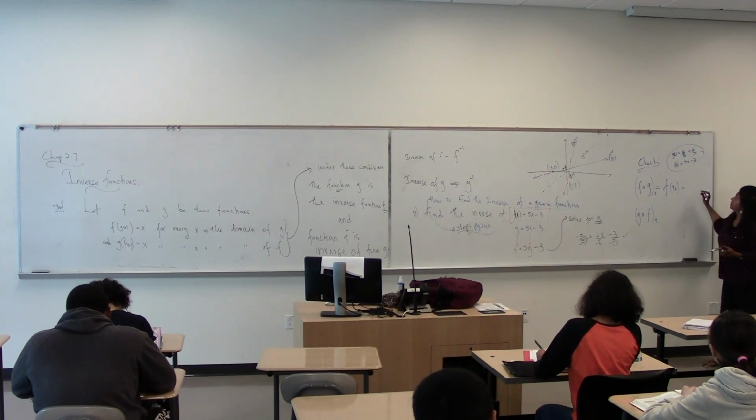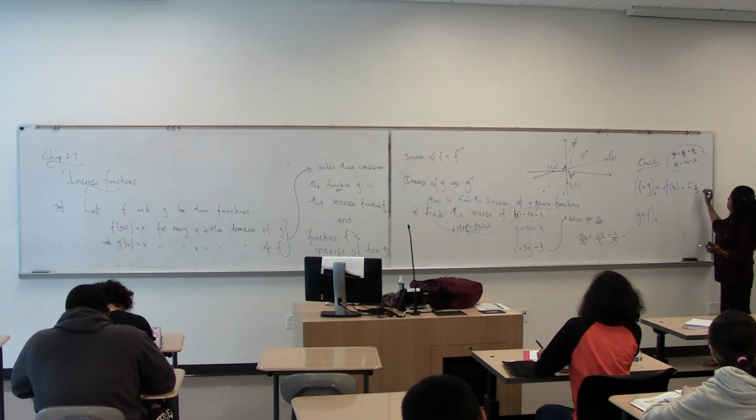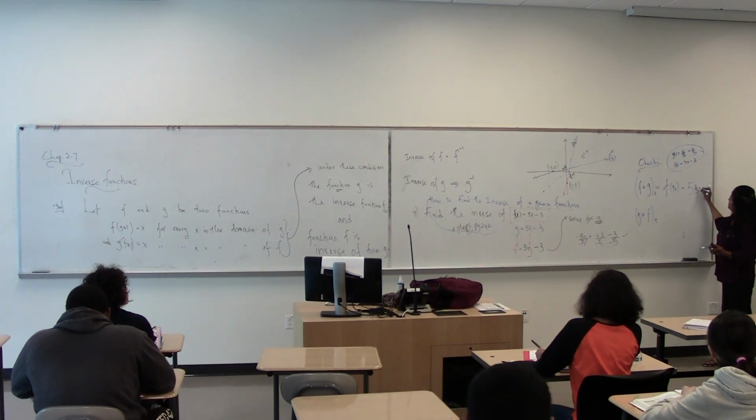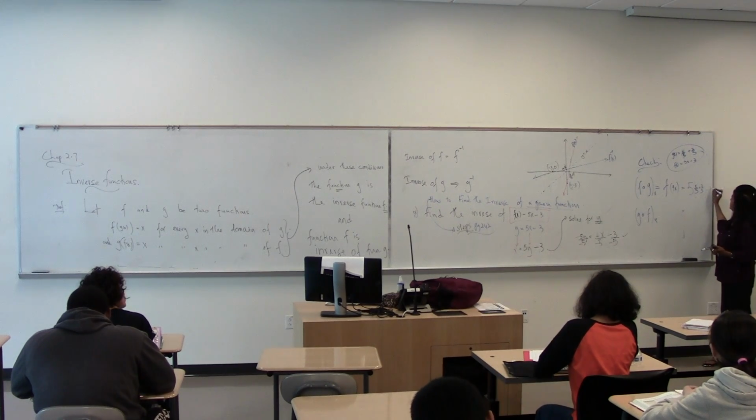So I need to work with f: 5 times (x over 5 plus 3 over 5), minus 3. Minus 3 here.